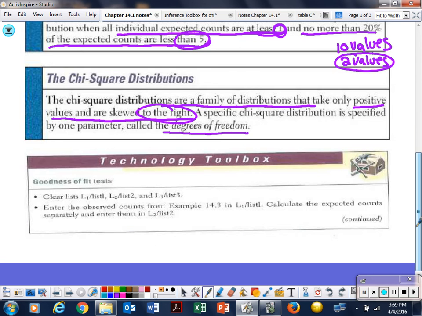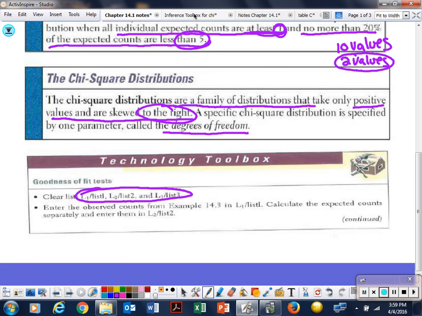If you have a newer calculator, you will have an advantage for this. If you don't, I will show you how we can use list 1, list 2 and list 3 to help figure out the chi-square value that we're going to use. I'm going to demonstrate that first, and then for those of you with a newer calculator, I will demonstrate that.